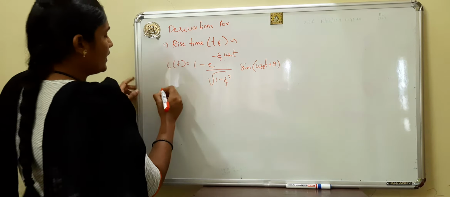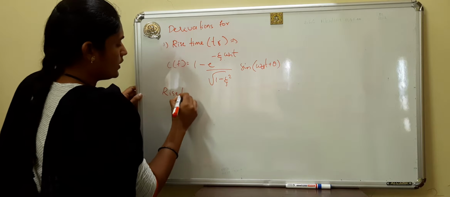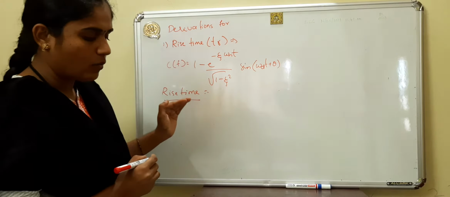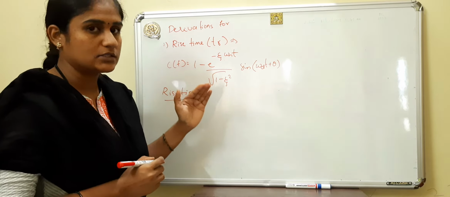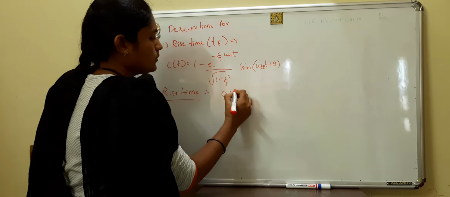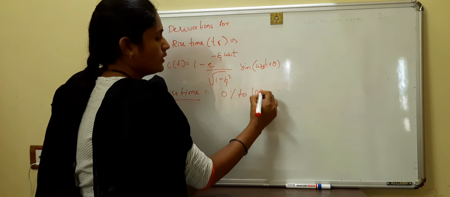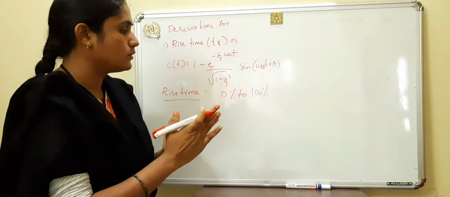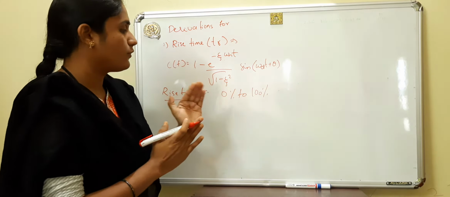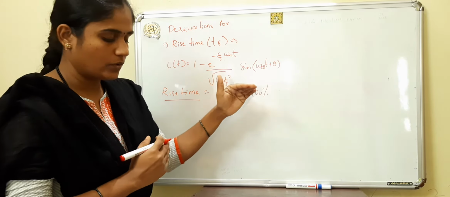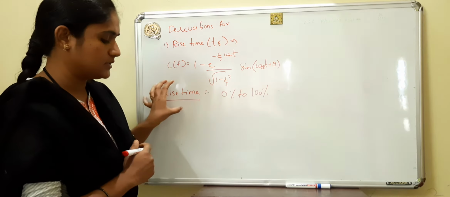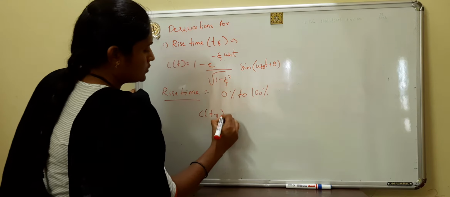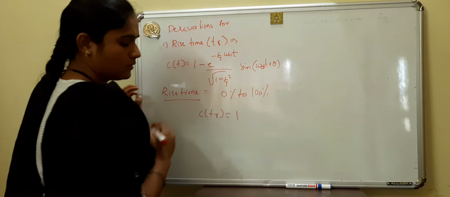By the definition of rise time, which we saw yesterday, it is the time required for the response to rise from 0 to 100%. So c of tr becomes 1.